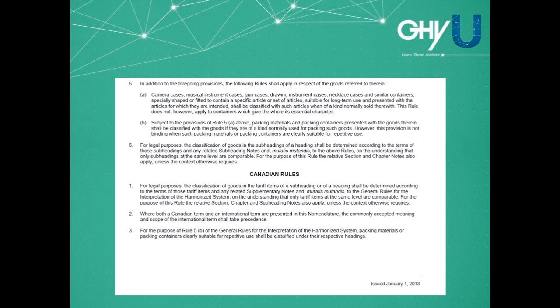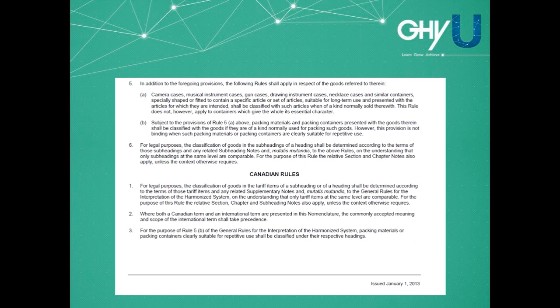Number 1, for legal purposes, the classification of goods in the tariff items of a subheading or of a heading shall be determined according to the terms of those tariff items and any related supplementary notes and mutatis mutandis to the general rules for the interpretation of the harmonized system, on the understanding that only tariff items at the same level are comparable.